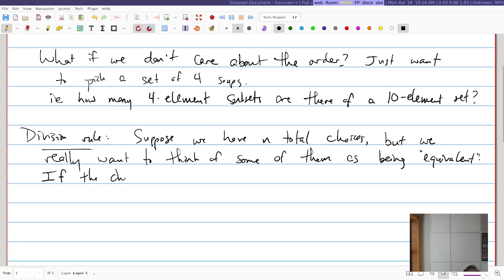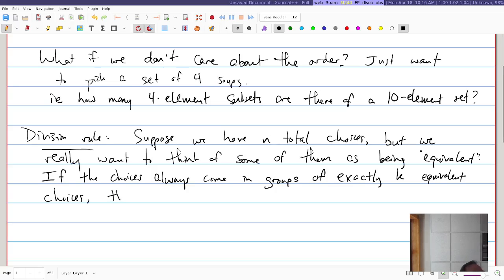If the choices come in groups of exactly k equivalent choices, then the number of really different choices is n divided by k.